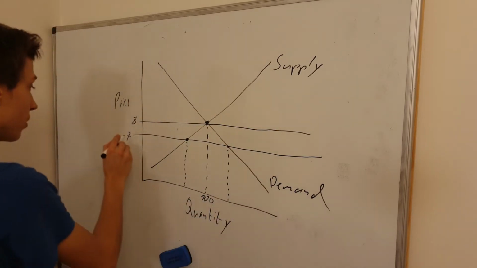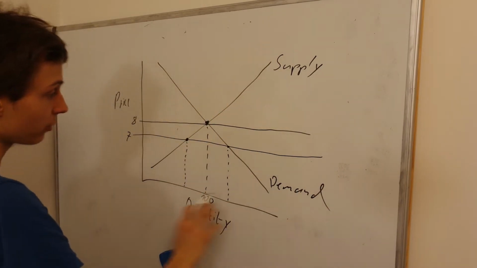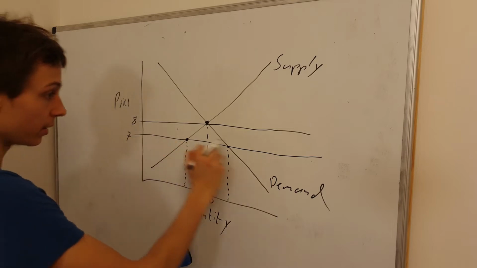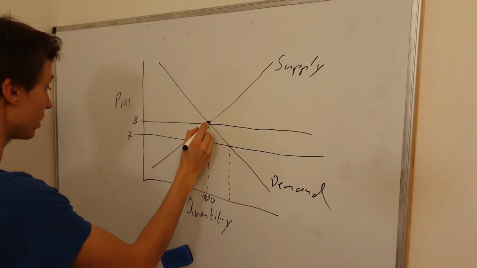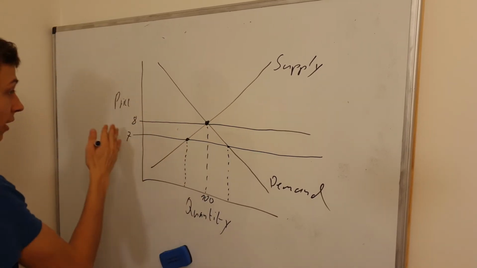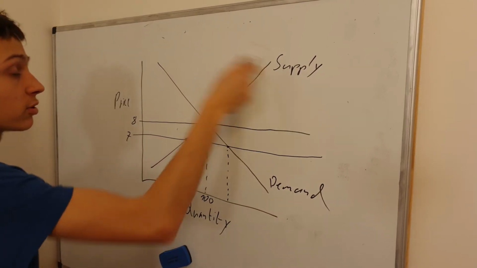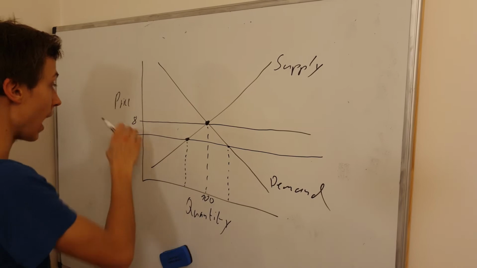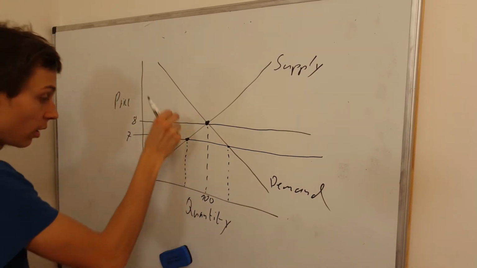If we again draw a horizontal line cutting through both the supply curve and the demand curve, parallel to our quantity line, we will get different values right here. Before we had equilibrium quantity at equilibrium price, and it was 100 for price 8. But now that we have price 7, suppliers won't supply as much. They are not getting $8 for it. They're only getting 7, so they are going to supply less.